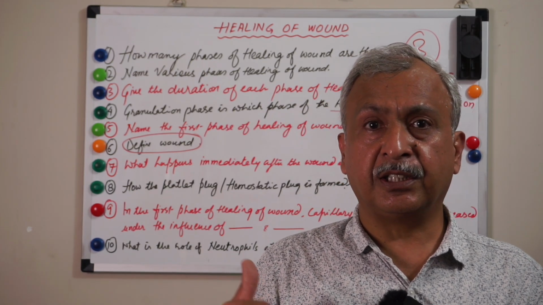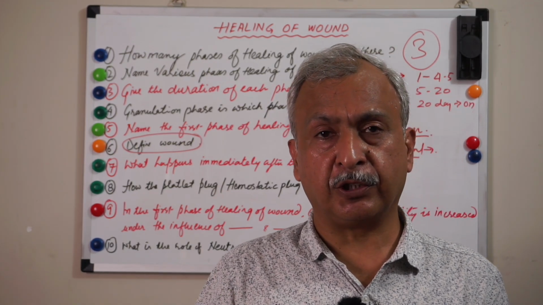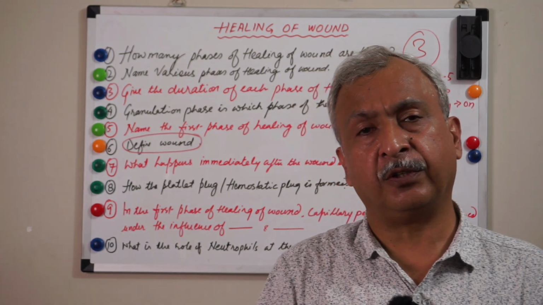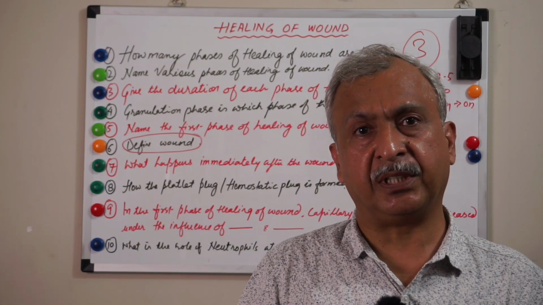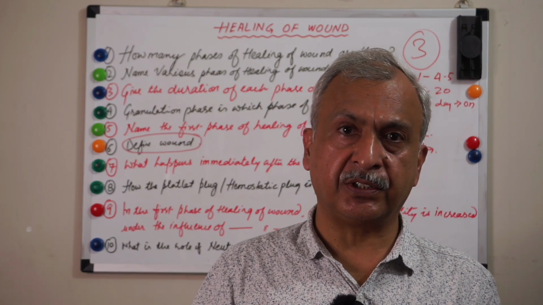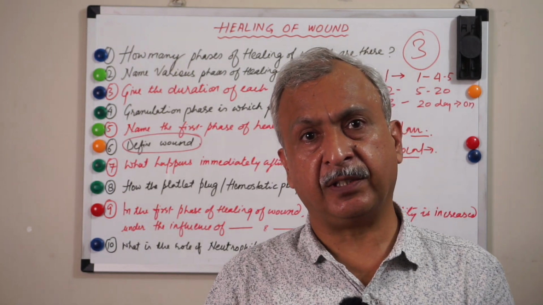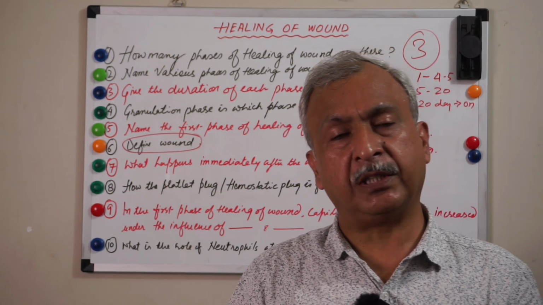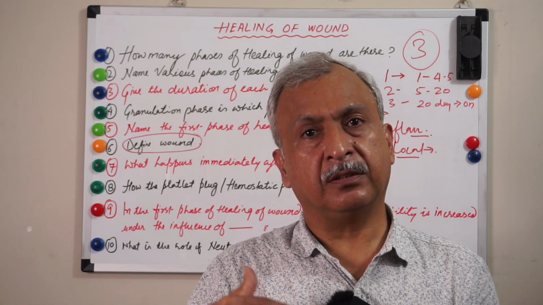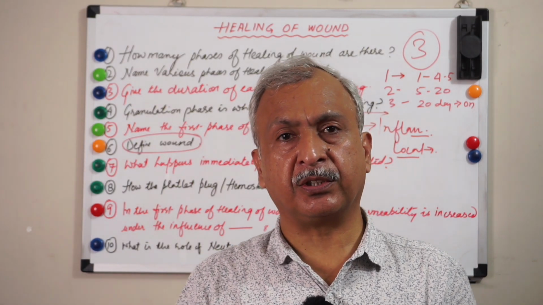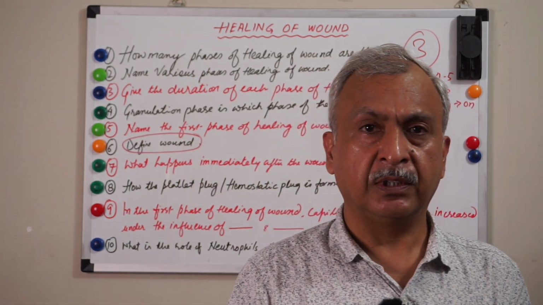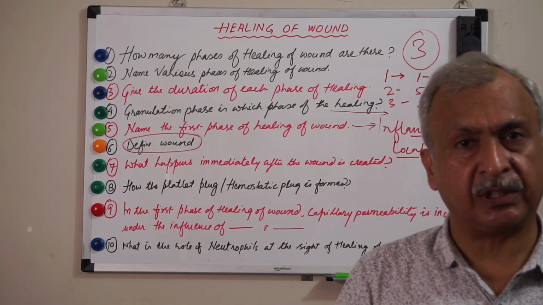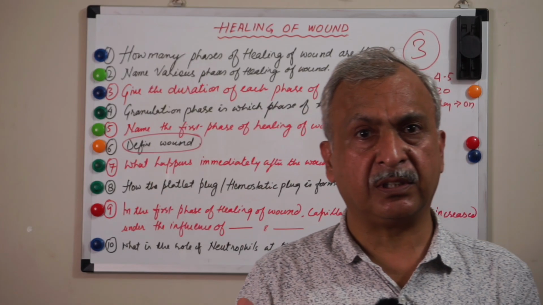This increased permeability is also responsible for the loss of fluid from the intravascular space, and because of increased capillary permeability, various cellular elements like neutrophils and mast cells also leave the vascular lumen and reach the site of the healing of the wound. These neutrophils and mast cells are phagocytic cells.